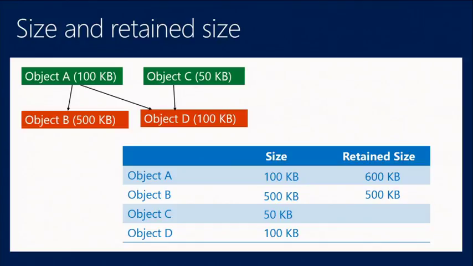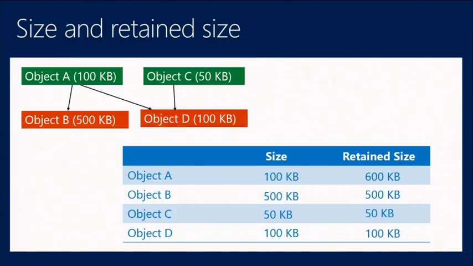Obviously, the retained size for object B is only 500K because it doesn't have any child references. Object C's retained size is 50K because object A is also holding a reference to object D. Now, if object A was removed and its reference to object D was eliminated, then the retained size for object C would become 150K because it's the only thing holding a reference to D, which means if you get rid of object C, the garbage collector can reclaim 150K because it could reclaim object D as well.